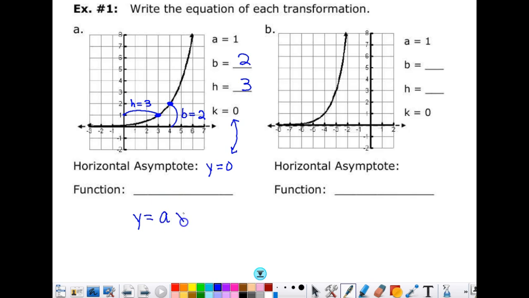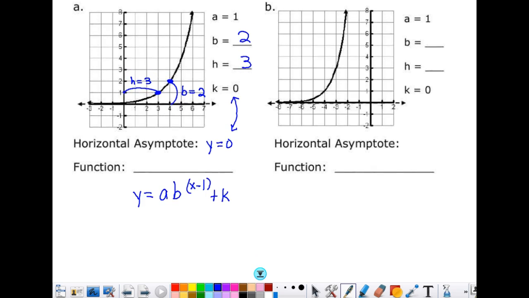Y is A, not AX. I was like, where did I get that X from? I was thinking ahead, I guess. Okay, A, B, X minus H is the exponent raised in the air, and then plus K. K is back down low, the same size as the A and the B.